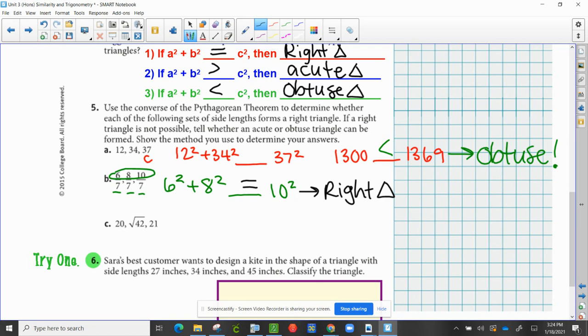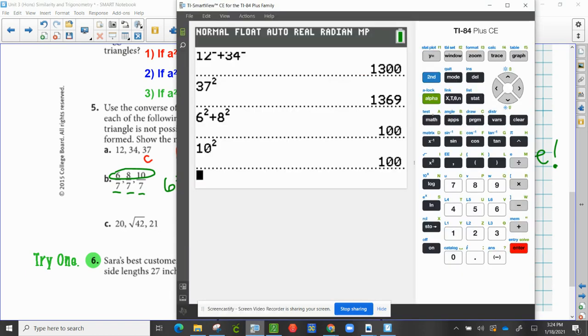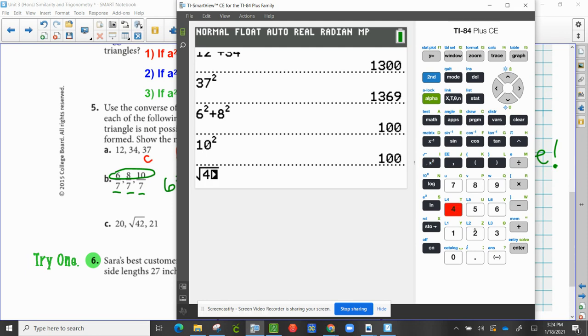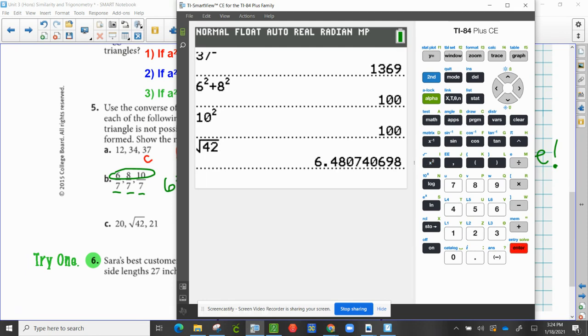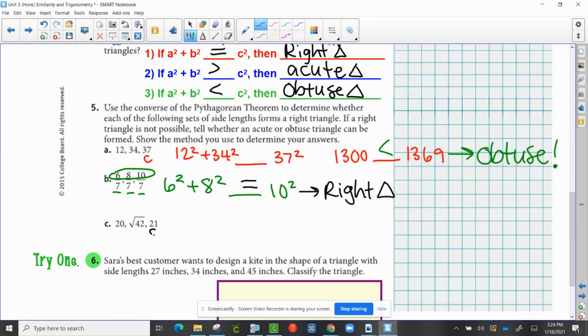Okay. One more, let's look at C. We have 20, square root of 42, and 21. Now 21 is probably going to be our biggest side. We can check that really quick if we want. Square root of 42, yeah, it's 6.4. So this is my C, that's my biggest side. So we'd have to check how 20 squared plus the square root of 42 squared relates to our C squared, so how that relates to 21 squared.